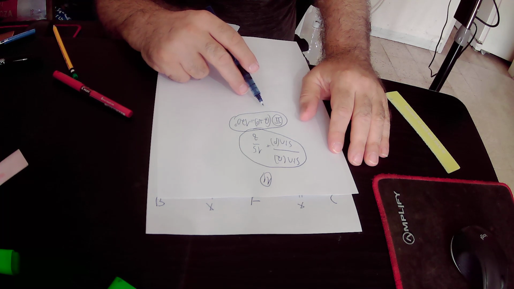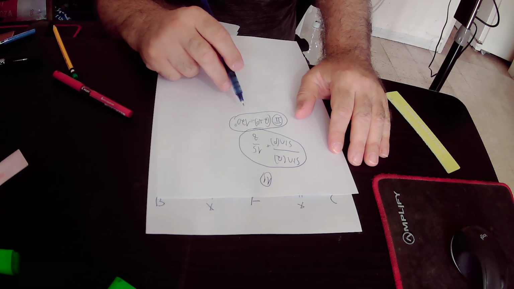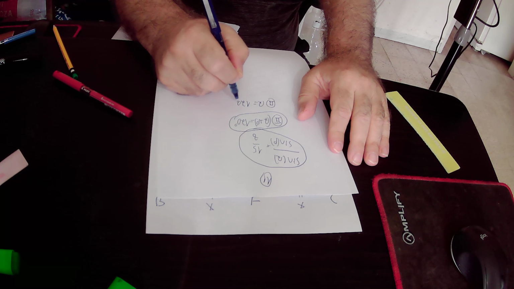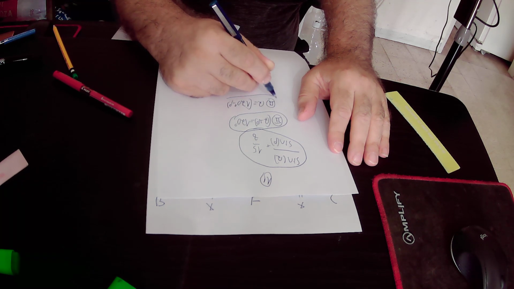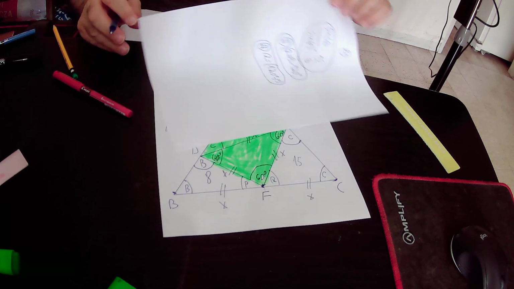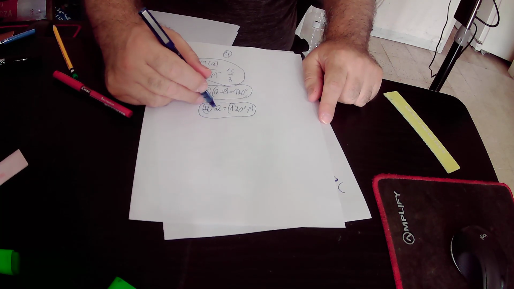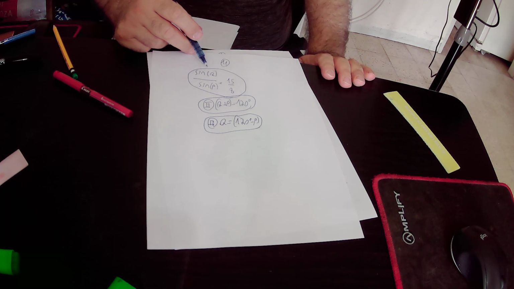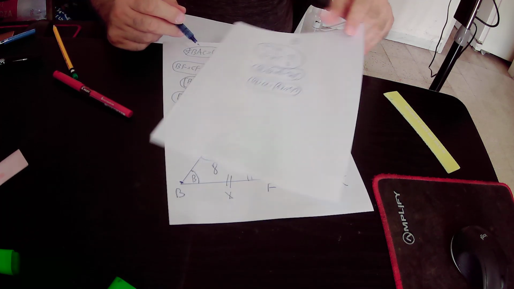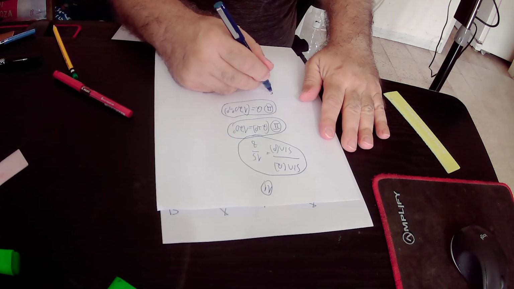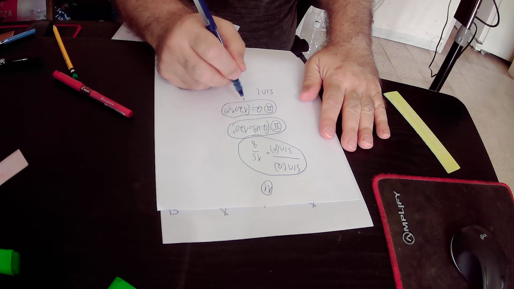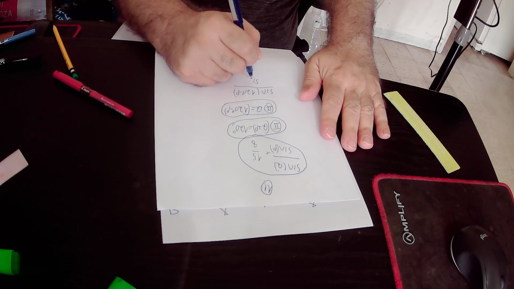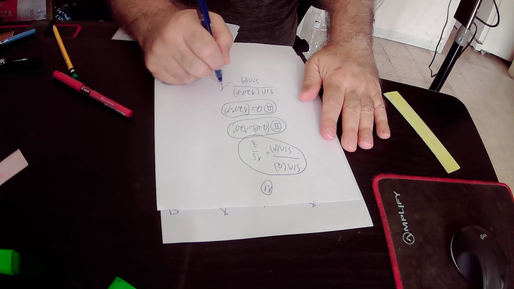Here we will subtract P, and we will get that Q equals 120 degrees minus P. So we can substitute Q in this equality by 120 degrees minus P. Instead of sine Q, we write sine of 120 degrees minus P, over sine P, equals 15 over 8.